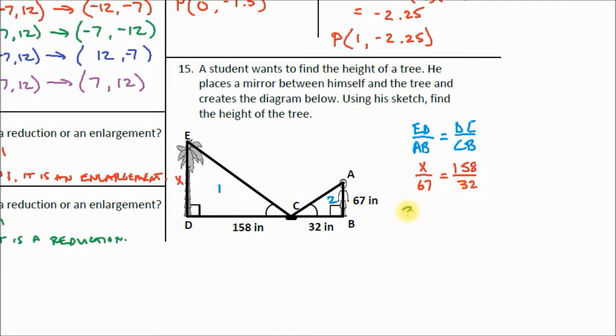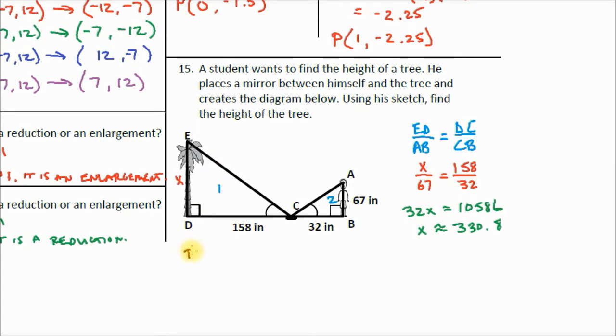X times 32 is 32x. 67 times 158 is 10,586. Let's divide both sides by 32. And you've got x equal to, it's going to be an approximate answer. X is approximately 330.8. So our answer is going to be in a sentence.